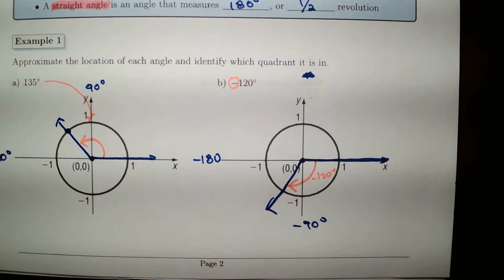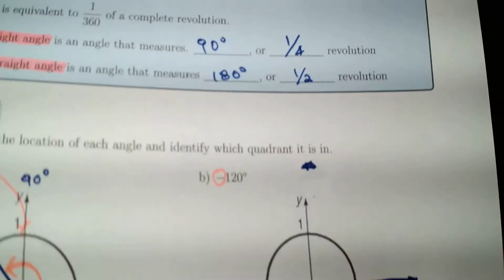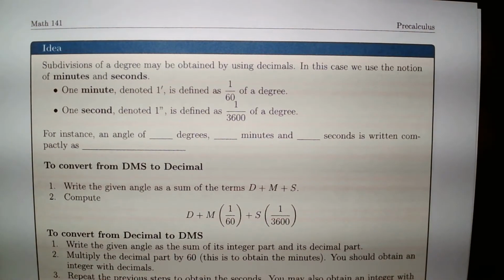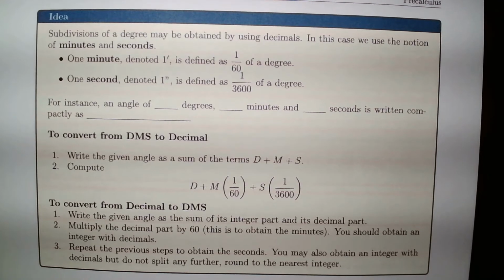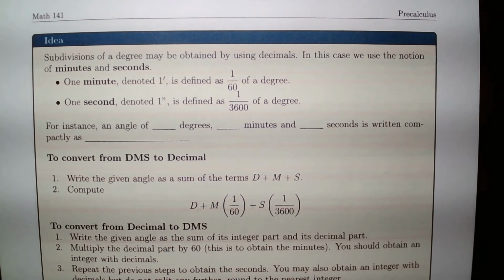All right. So those are a couple of examples of locating angles. Now, when it comes to working with degrees, depending on certain applications, some applications may ask you to work in decimal form, and some other applications may ask to work with the angle in degrees, minutes, and seconds.